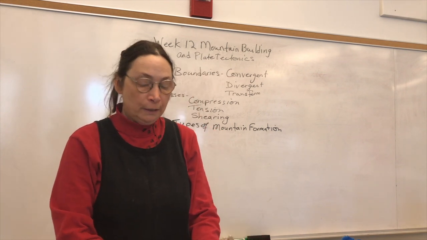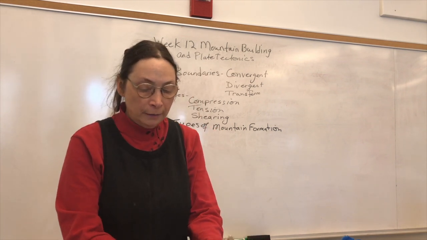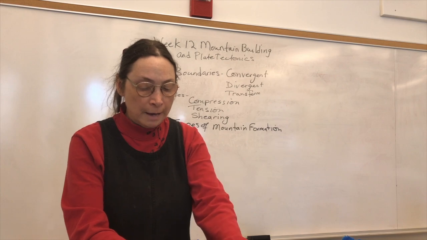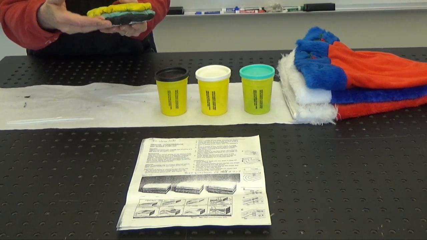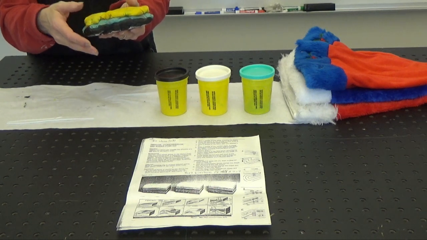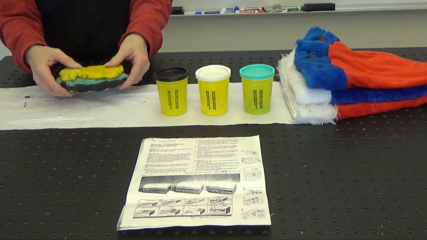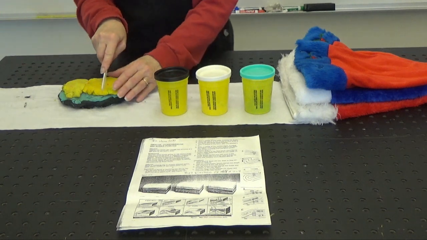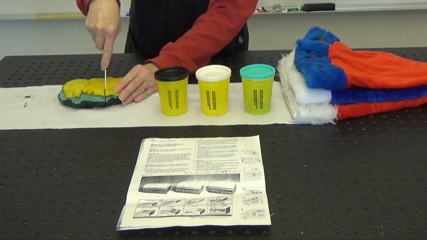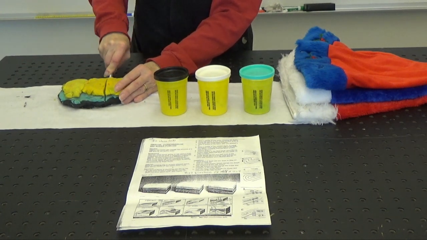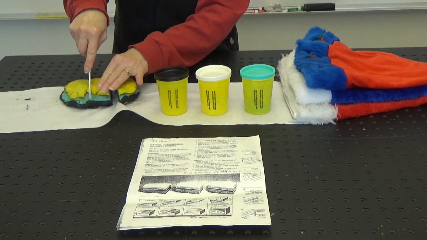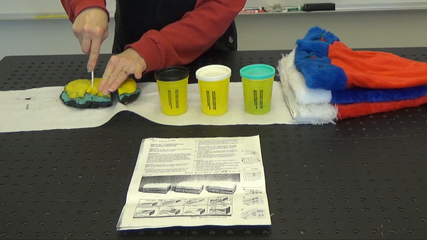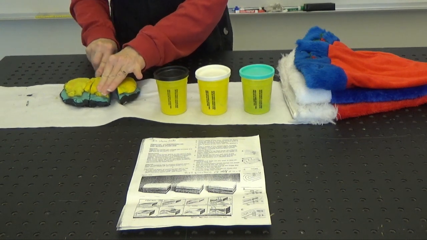So, the first thing you're going to do is flatten out your clay into layers. You want 3 or more different layers of clay, different colors, and you need 3 or more different setups.